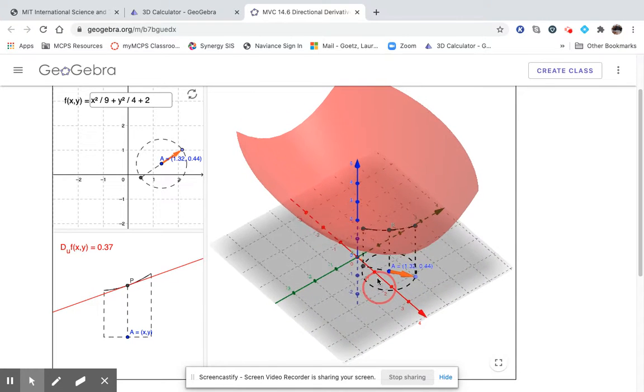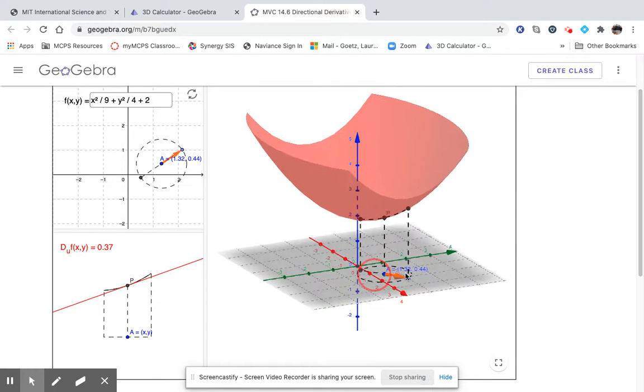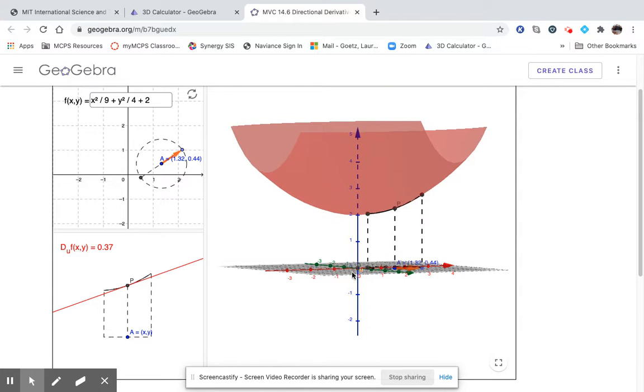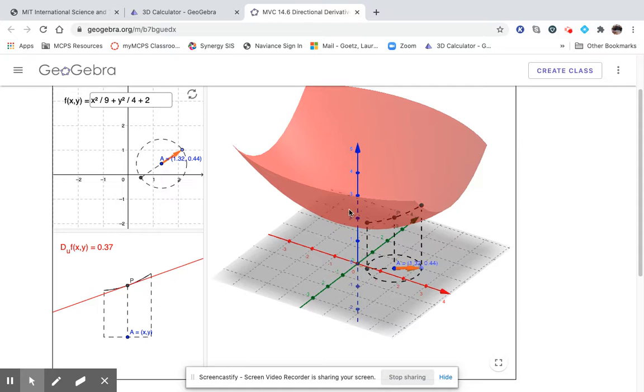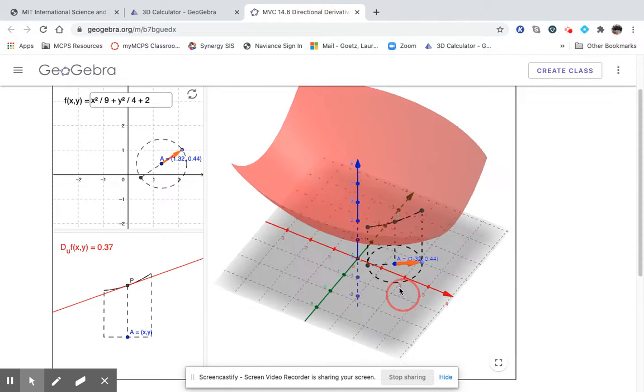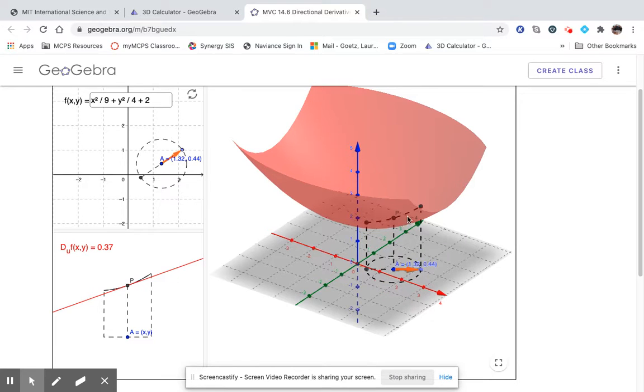And you can see the directional derivative vector in orange. This orange directional derivative is the projection of the tangent line down onto the XY plane and then scaled, right? Made it a unit.